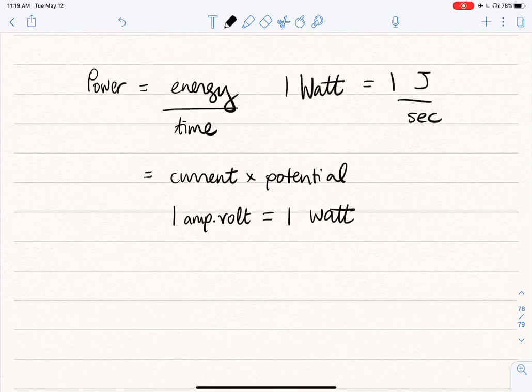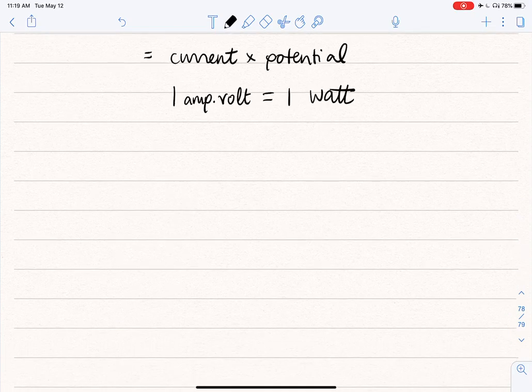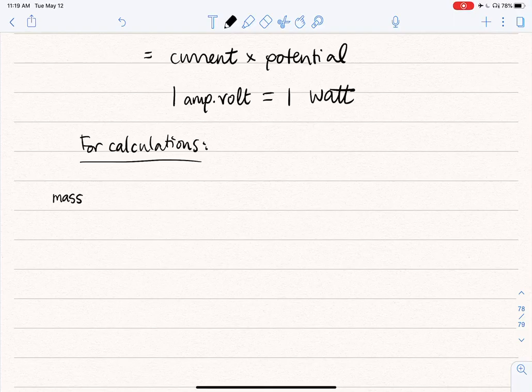All right, so how is this going to be useful to you? For the calculations that you're expected to do at the end of the chapter, you can convert from the mass of a given chemical to the number of moles of electrons that get transferred as you change it in some kind of redox reaction. And from there, using the Faraday constant, you can get charge.